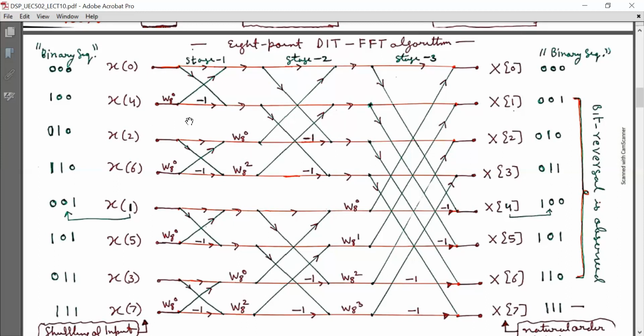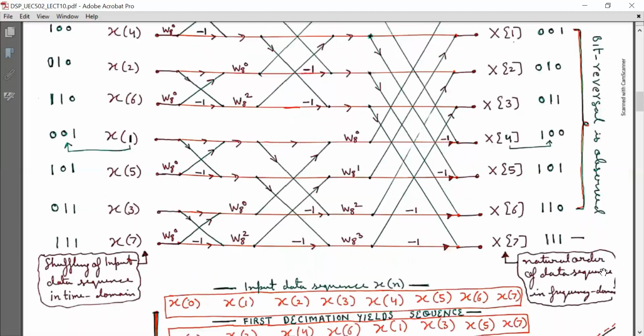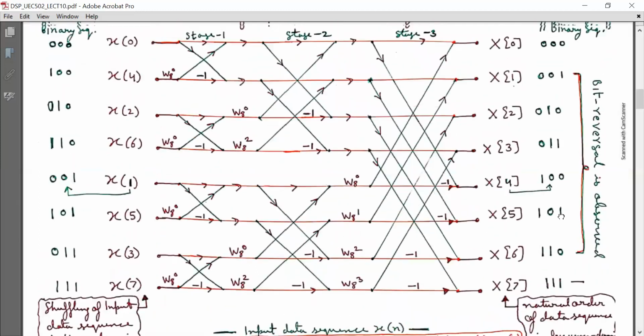The twiddle factors are arranged in a particular fashion according to the DIT algorithm, as per the basic butterfly, and the output here is capital X0, capital X1, capital X2 in the natural order. That is, the output is appearing in the natural order.